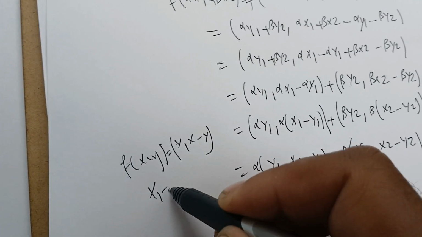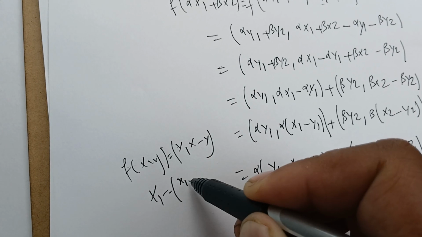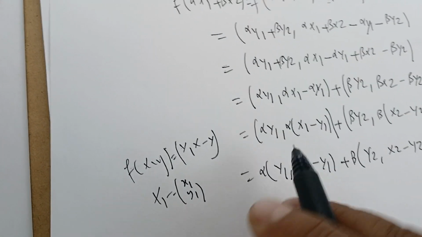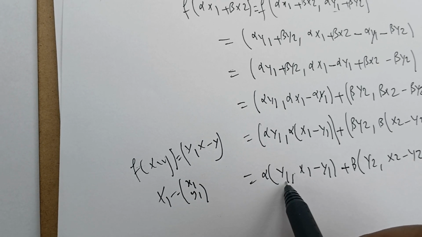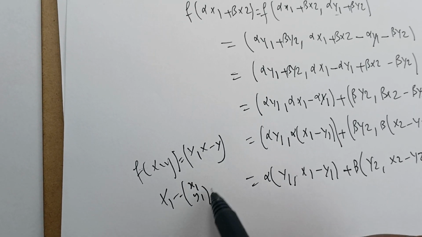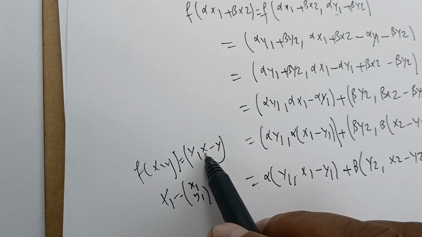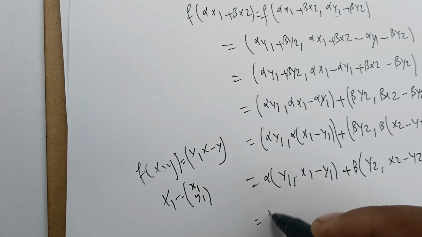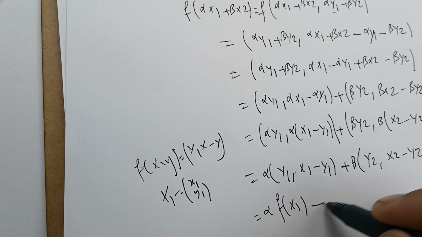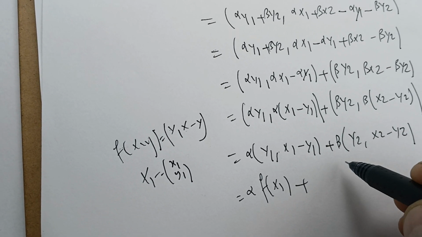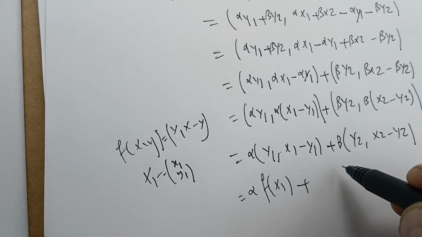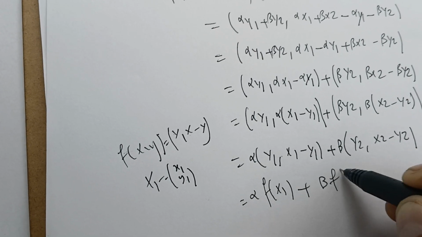So for x1 = (x1, y1), the first component is y1 and the second component is x1 − y1. So we have α f(x1). The same thing for β and x2: β f(x2).